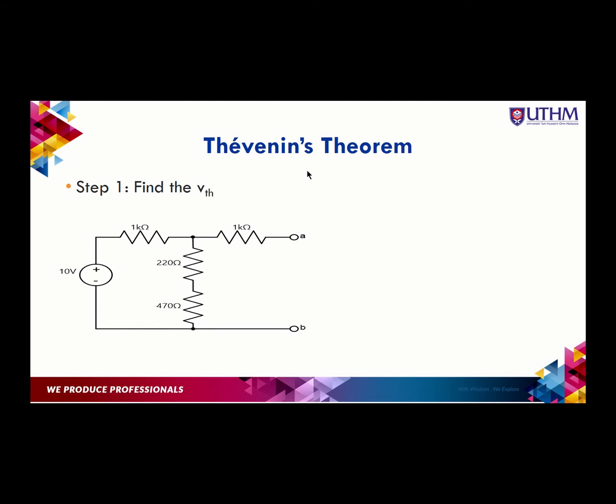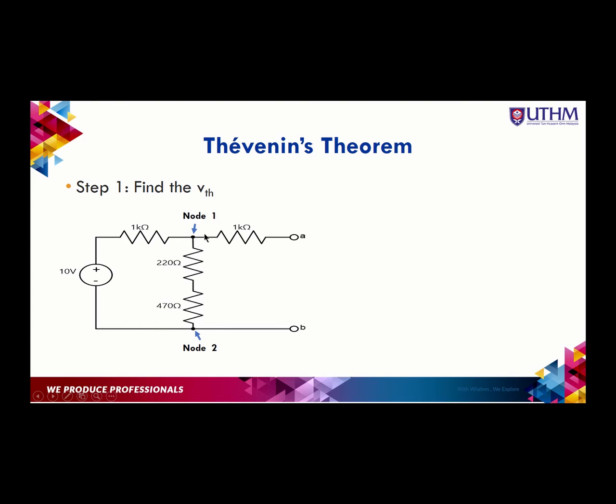The first step to solve this problem is to find the Thevenin voltage. In order to do that, we need to determine whether there are any nodes available in this circuit. I can say that we have node 1 and node 2 between the resistors of 220 ohms and 470 ohms.